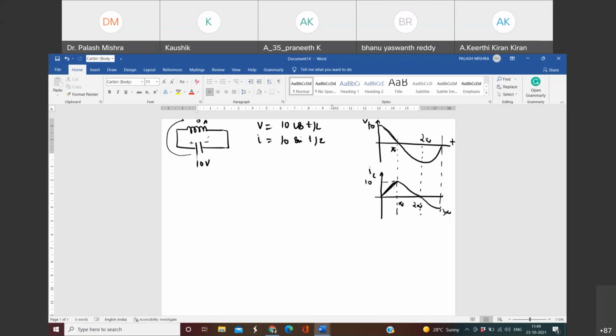And at this instant, what is happening? The capacitor has been discharged completely, and the inductor has come to its maximum current value, which is 10 ampere. So now this capacitor has been discharged completely. So there is 0 volts, but there is 10 ampere of current flowing here.